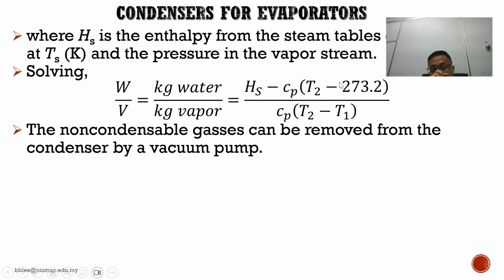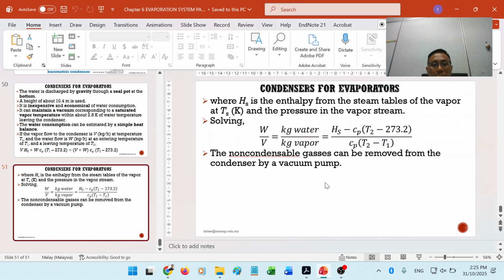Above is for water, below is for vapor. The non-condensable gases can be removed from the condenser by a vacuum pump. By vacuum, we can suck out the uncondensable gases. So basically this is all on this topic.